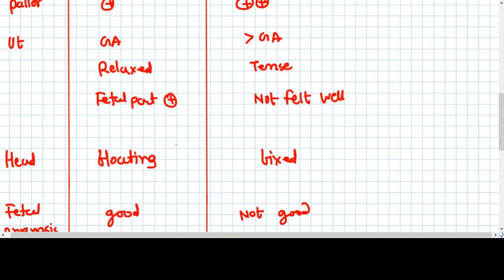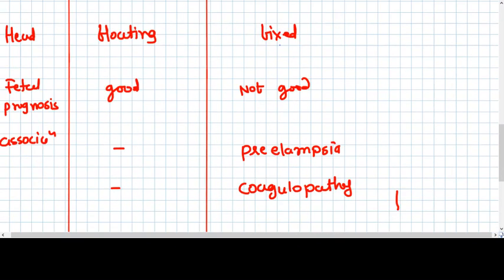Uterus is relaxed in placenta previa, and fetal parts can be palpated. Here, the uterus is very tense, you just can't palpate the fetal parts very well, and the size of the uterus is more than gestational age in most of the cases. If you do the Pawlik grip and try to identify the head, if there is a complete placenta previa, the head is going to be floating.